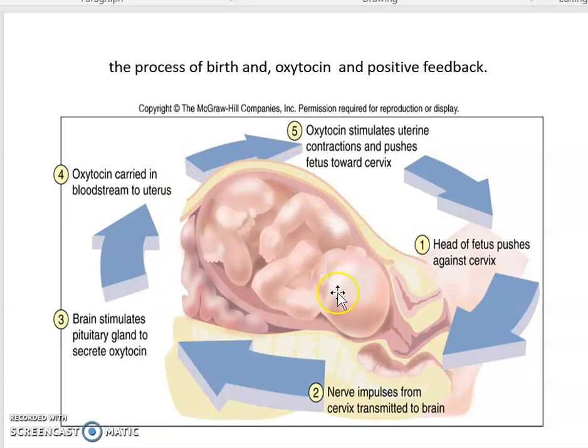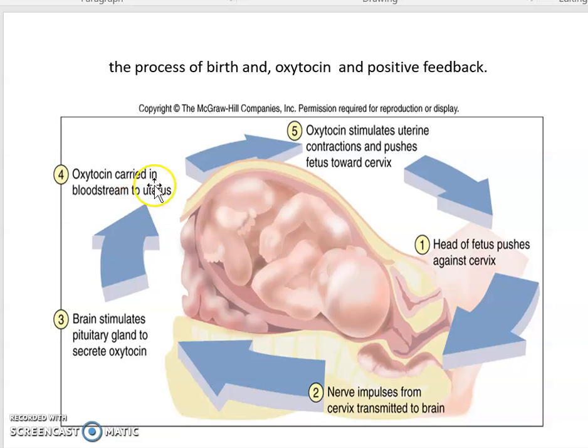So what we can see here is the head of the baby pushing against the cervix. The stretch receptors in the cervix are going to receive that, and they're going to send impulses to the brain. The part of the brain that we're interested in is the pituitary gland again, and the pituitary gland in response is going to produce this hormone called oxytocin.